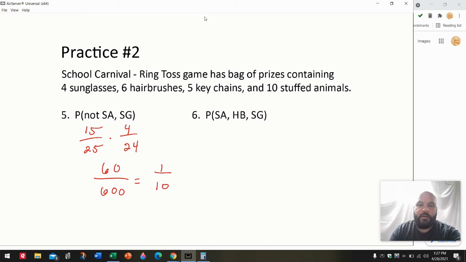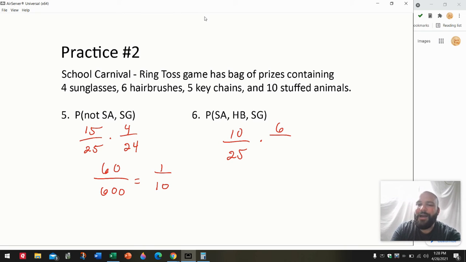So what we will do here is figure out the probability of picking a stuffed animal. There are 10 stuffed animals out of a total of 25 items. The next pick we want to do is we want to pick a hairbrush, and there are 6 hairbrushes left. But remember, we've already picked one stuffed animal out of those 10. So there's no longer 25 items left.